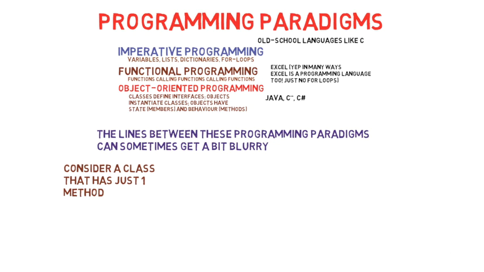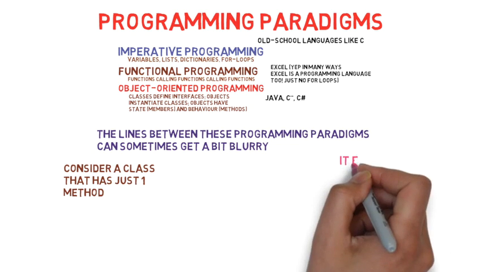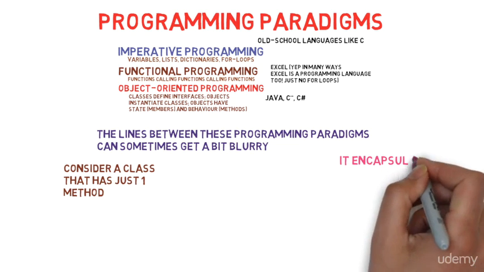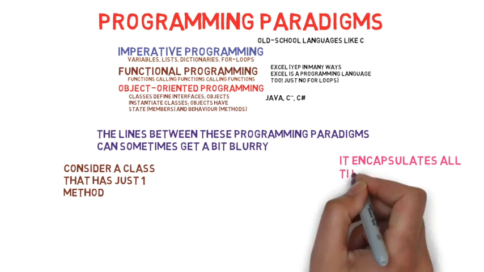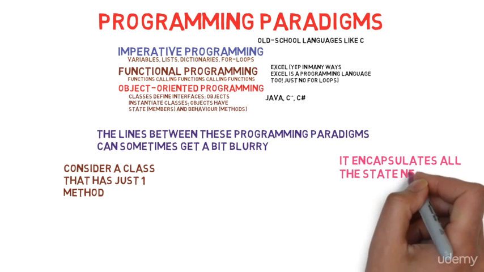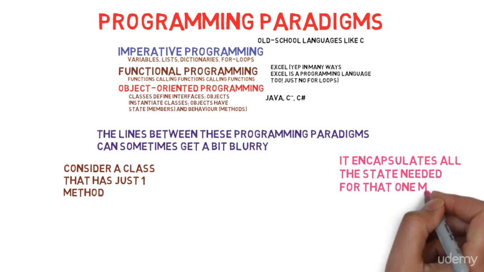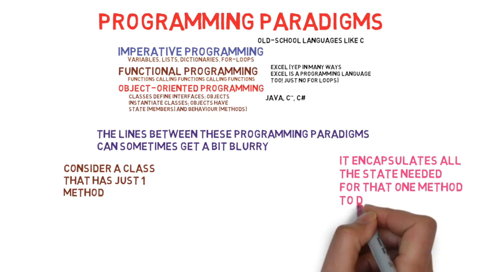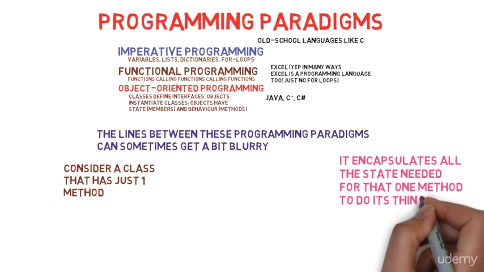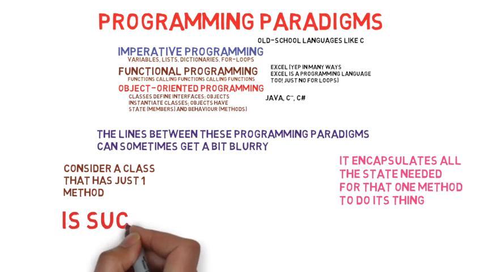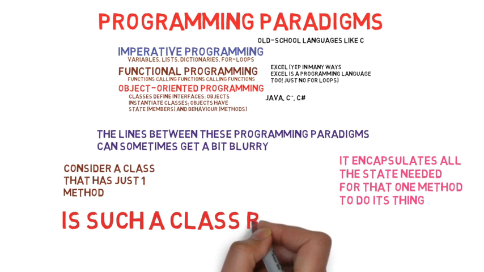If you've used Java enough, you know that this is really common when you implement an interface, especially for listeners. Now, this one method of this class encapsulates all the state that is needed for the one method to execute. That one method knows everything needed, it's passed in some way, for example, to execute completely.